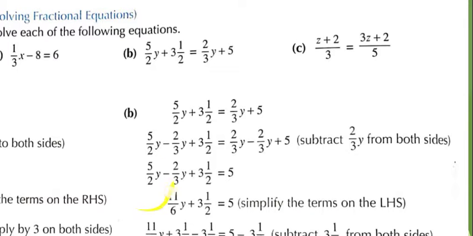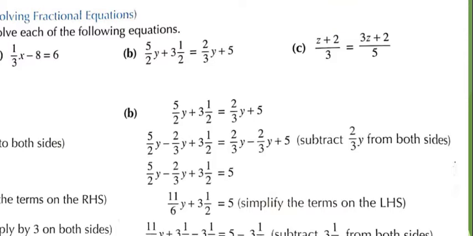You times 3 to both 5 and 2, you times 2 to both 2 and 3, so they will have the same denominator, which is 6, and then you will have 15 minus 4 here, which is 11.